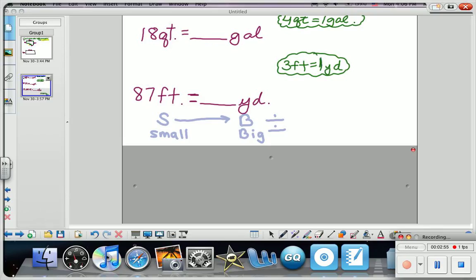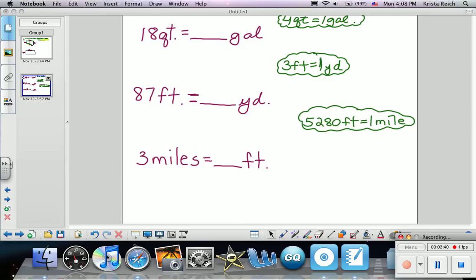If I look up here, my conversion factor for this one is that 3 feet are equal to 1 yard. So 3 is my little magical number here, and I'm going to divide 3 into 87. Okay, 3 goes into 8 2 times. Bring down your 7. 3 goes into 27 9 times. So 87 feet is equal to 29 yards.